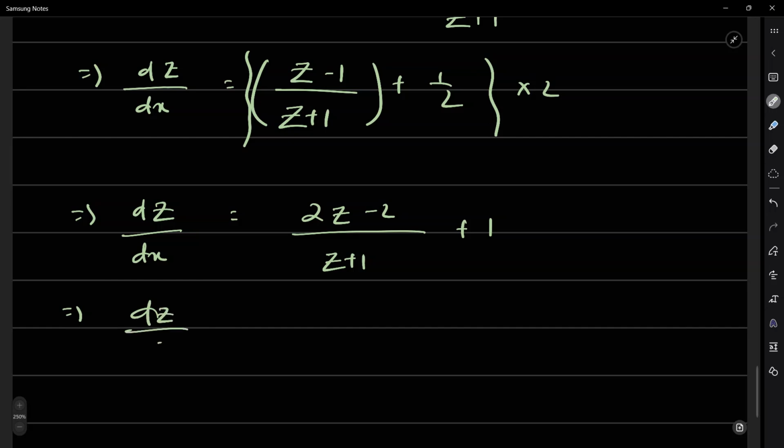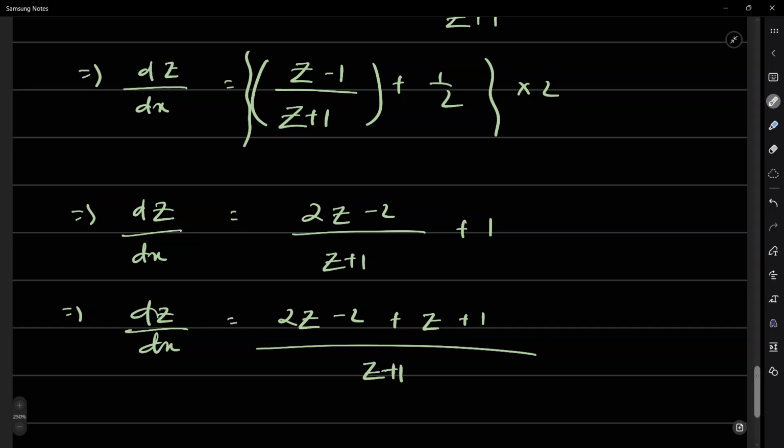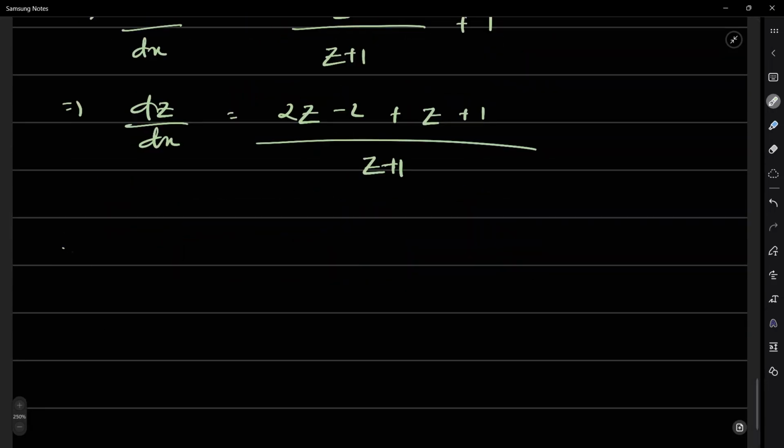So dz by dx equals 2z minus 2 plus z plus 1 divided by z plus 1. So 3z minus 1 divided by z plus 1. Right.